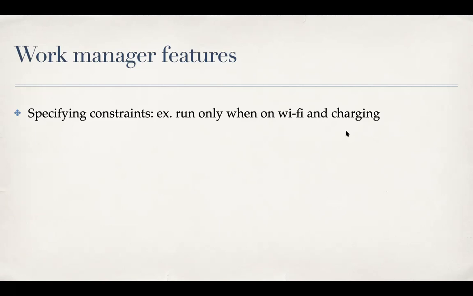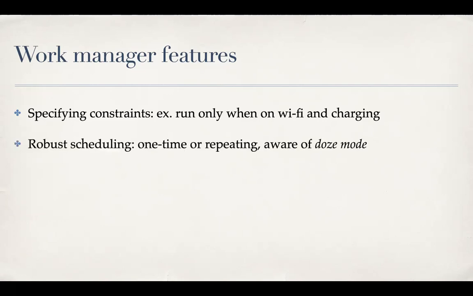Okay. There is robust scheduling. You can have one time or repeated scheduling. The repeated or periodic scheduling lets you specify the time gap between two scheduled instances. And it is also aware of things like doze mode, that is when the device is idle.